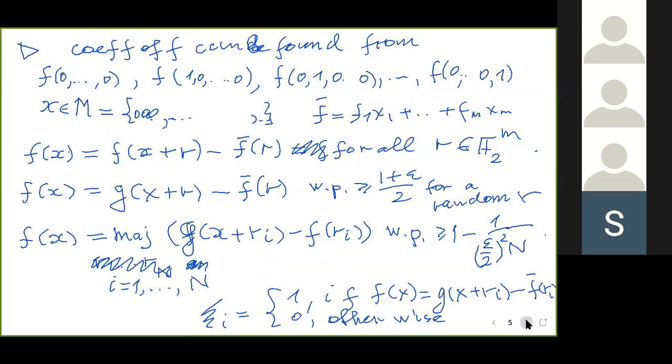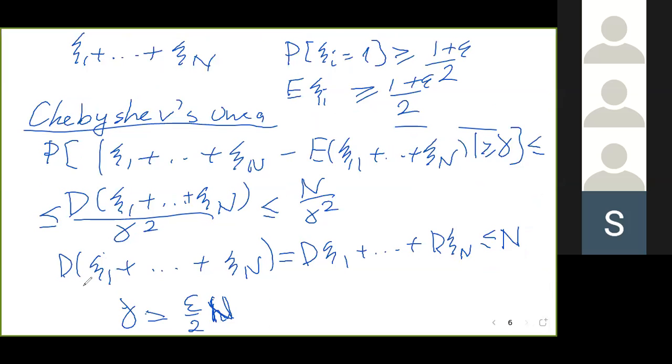And actually, the only place where we need that they are independent is this one.